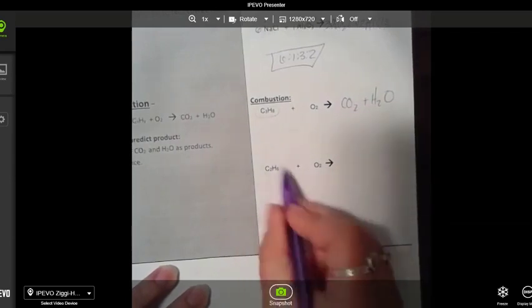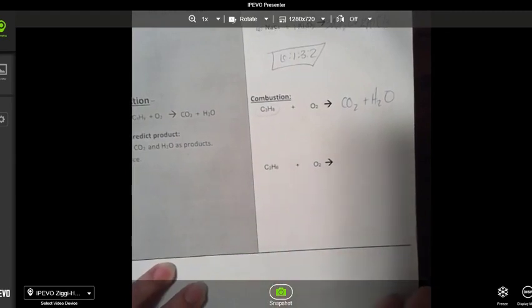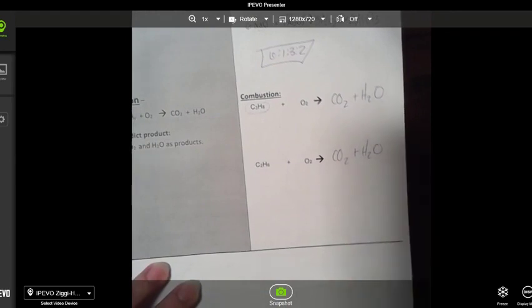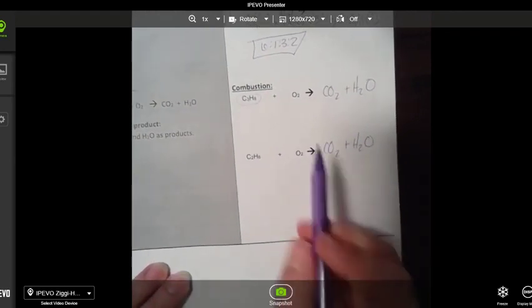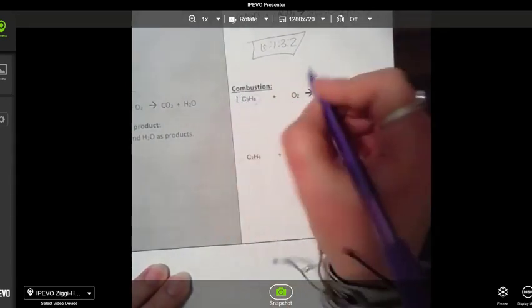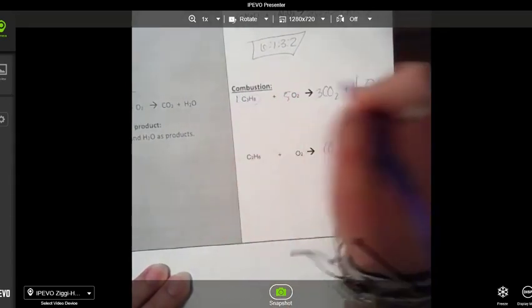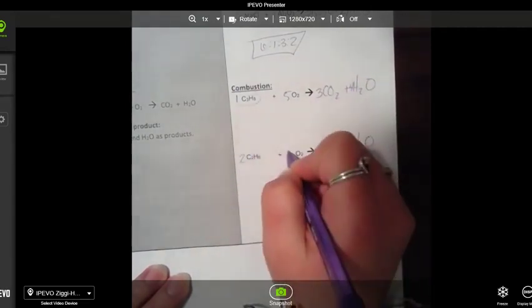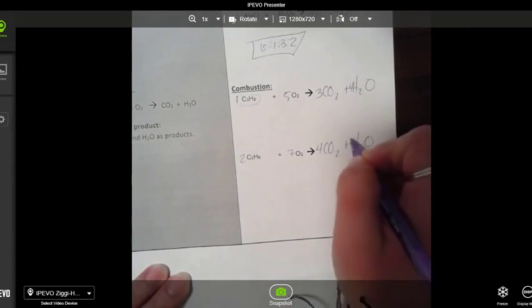This one, carbon-hydrogen compound plus oxygen, what is it going to make? It's going to make CO2 plus H2O, no matter what. Okay. If you were to balance, this one is going to end up being 1, 5, 3, 4. And this one's going to end up being 2, 7, 4, 6.